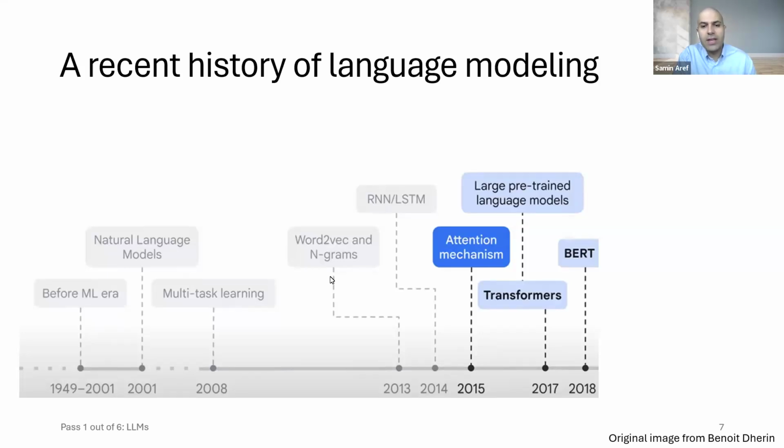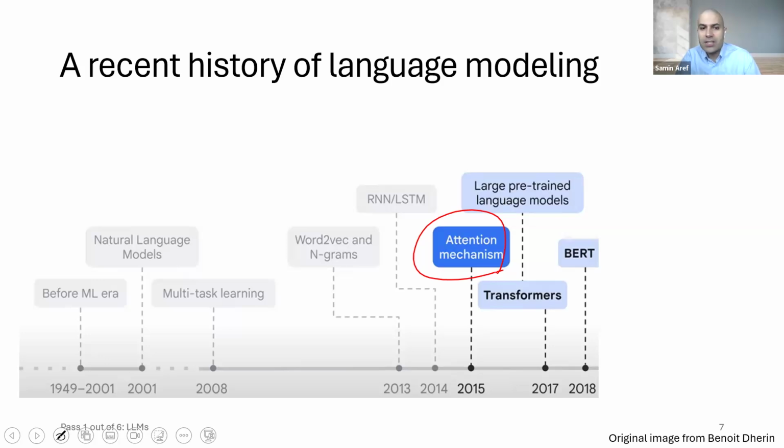But then in 2015, the attention mechanism was introduced. The attention mechanism allowed researchers to develop methods where the context of the words in a sentence was incorporated in a more efficient and more suitable way.